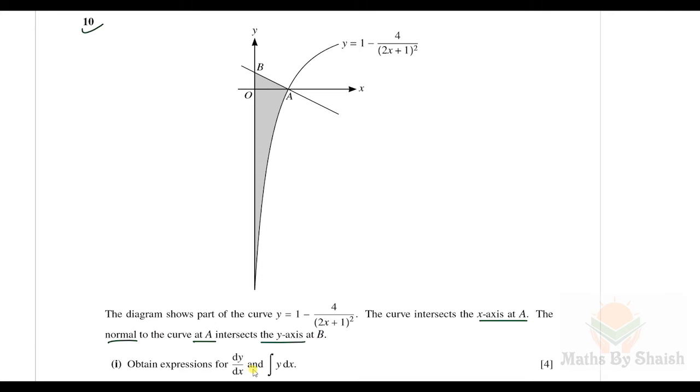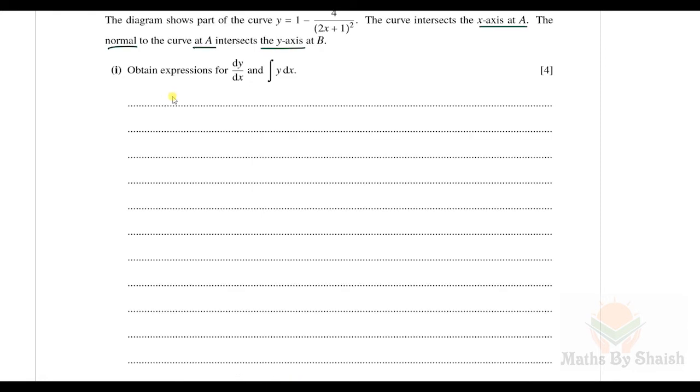So for y is equal to this, I'll write y again, y as 1 minus 4 times, from the denominator I'll bring it in the numerator, it becomes (2x plus 1) to the power minus 2, and then dy over dx is equal to differentiation of 1 is 0 because it's a constant, minus 4 as it is.